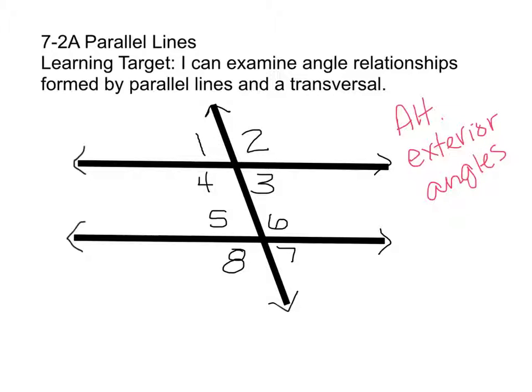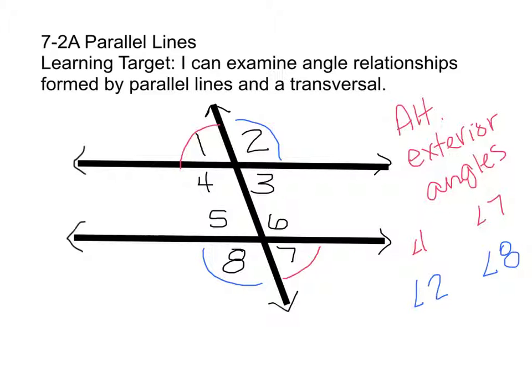Not quite. We're alternating. Our alternate exterior angles here would be 1 and 7. We also have angle 8 and angle 2. Just like alternate interior angles, alternate exterior angles are congruent.